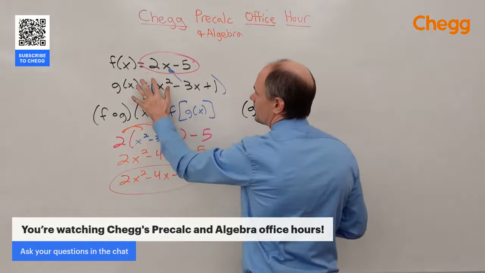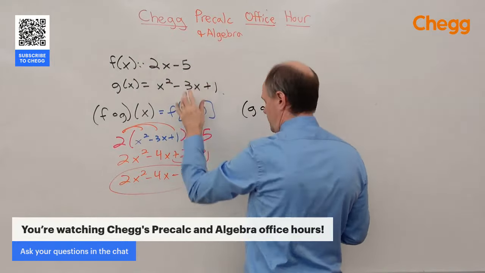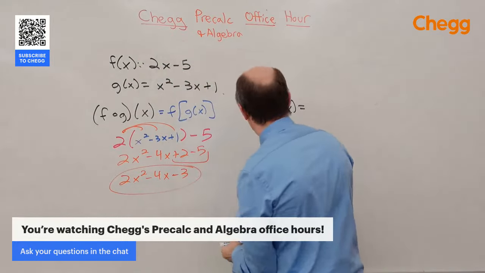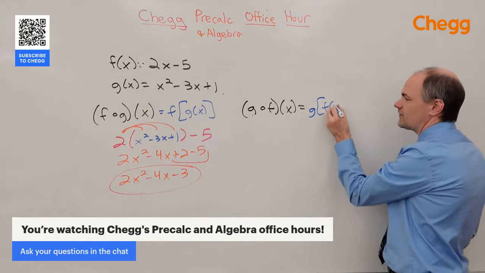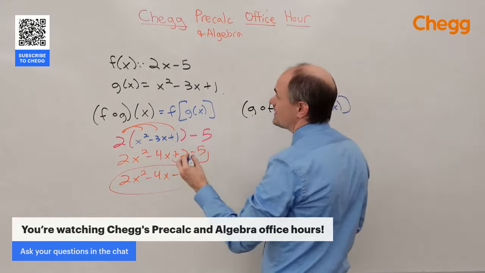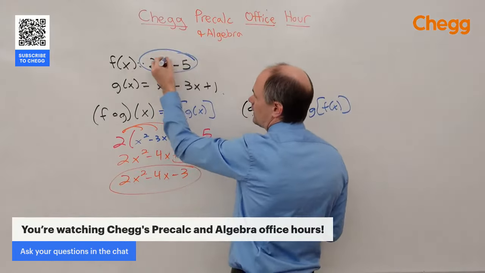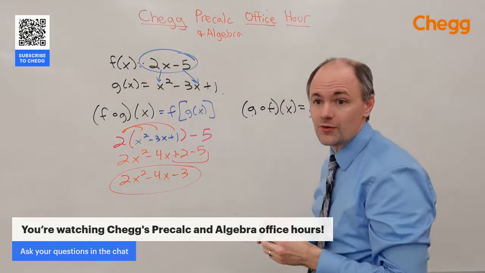I'm going to erase my colors here because I'm going to color code everything again. Now, when we see g of f of x, that means g has the f of x function inside of it. So now I'm going to take the f of x function and stick it inside each of those variables.